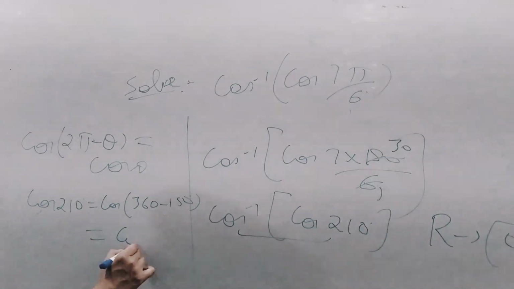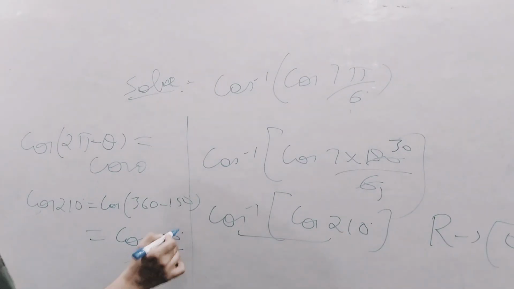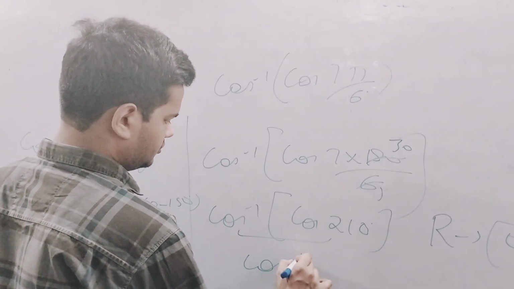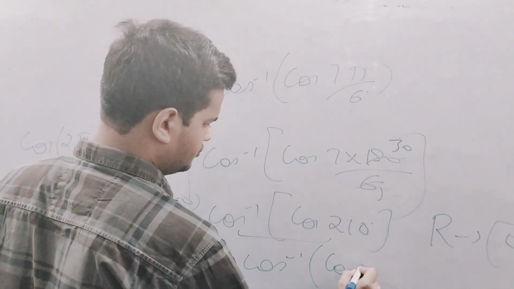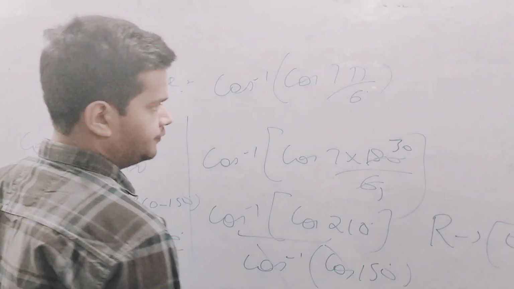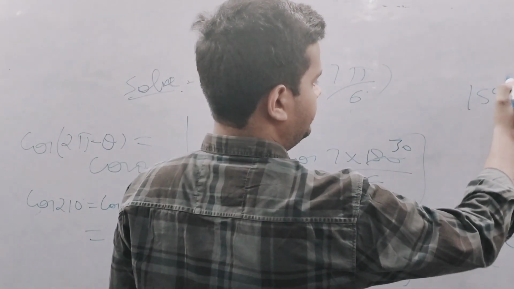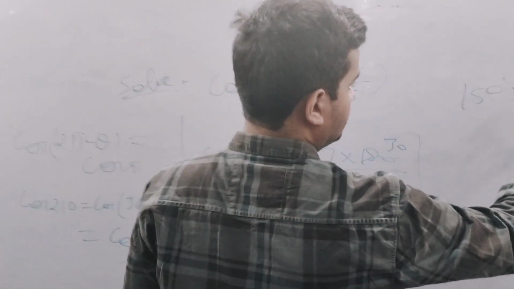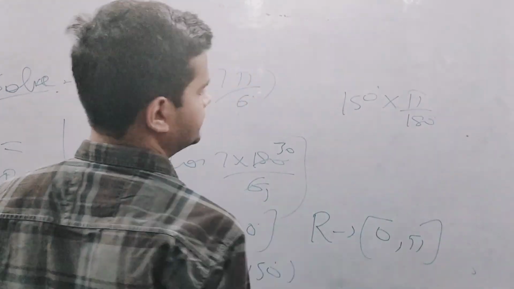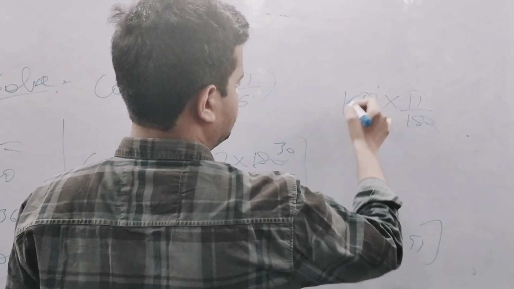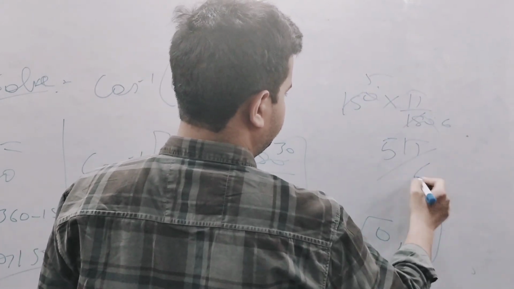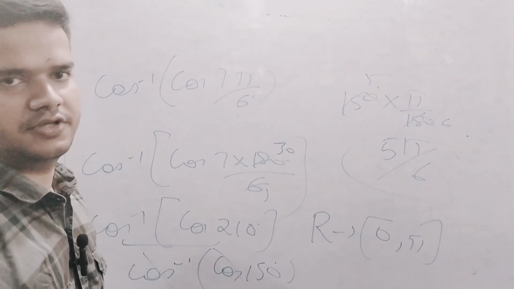So this becomes cos 150 degree. So it is cos inverse cos 150 degree, cancelled out. So what is 150 degree into pi upon 180? The value is 5 pi upon 6.